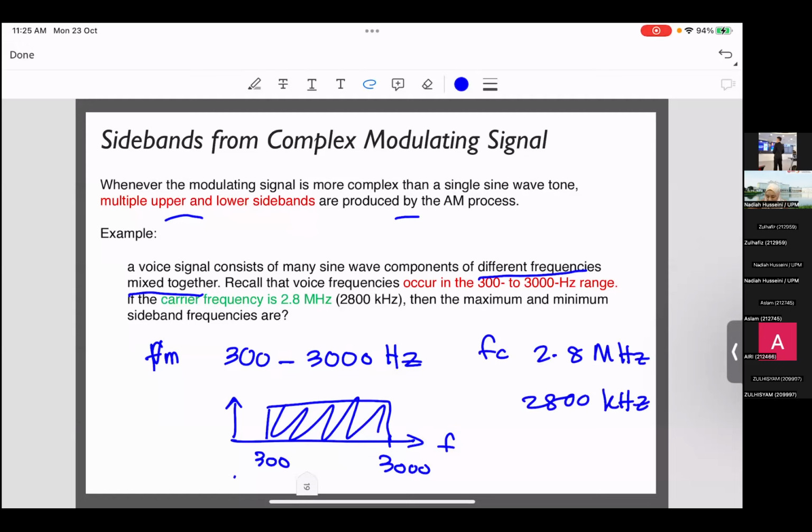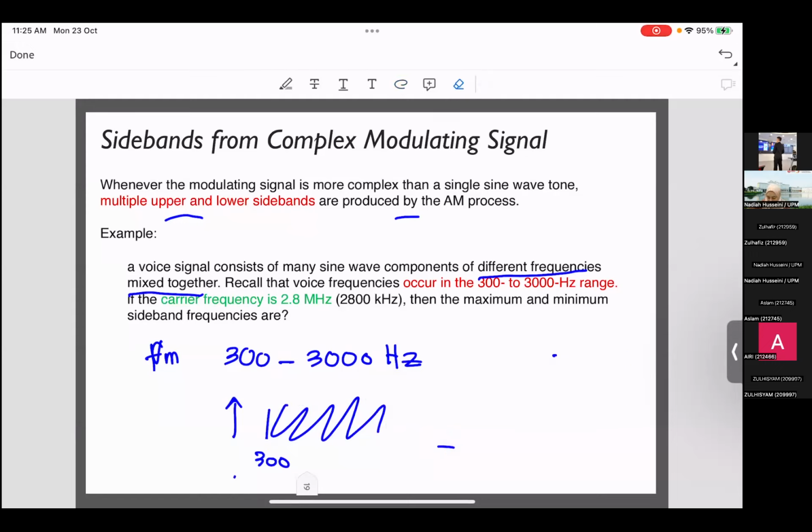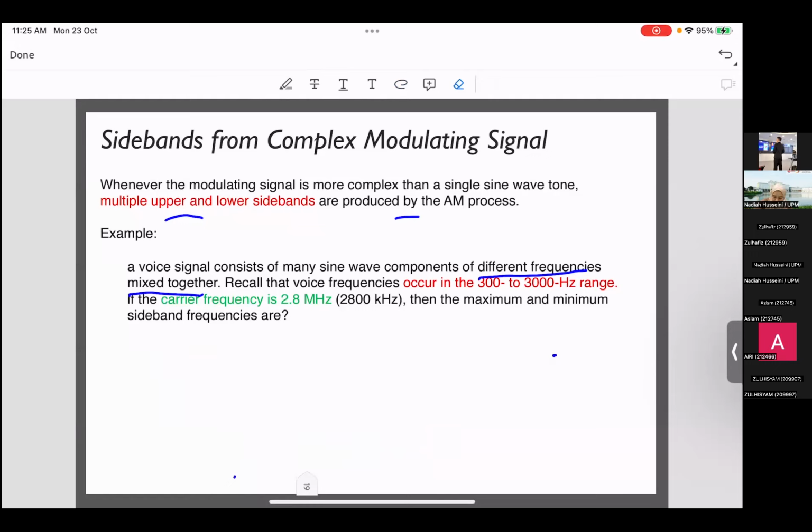So now we are asking what is going to be the maximum and minimum sideband frequencies. If we recall what we have learned so far about carrier and sidebands, this is going to be our FC, this is our FUSB, and this is FLSB.